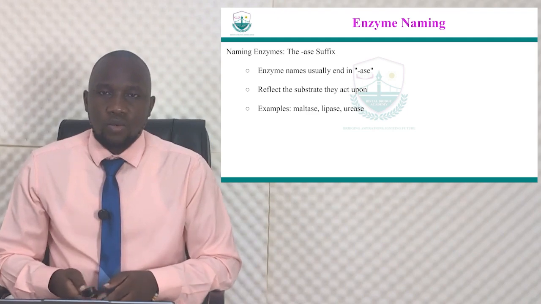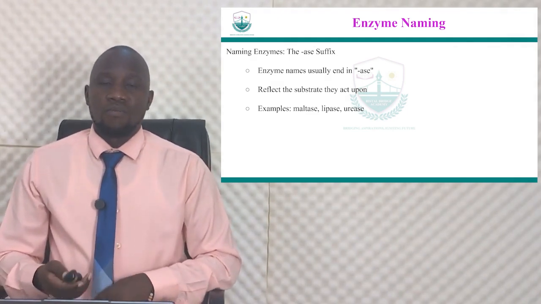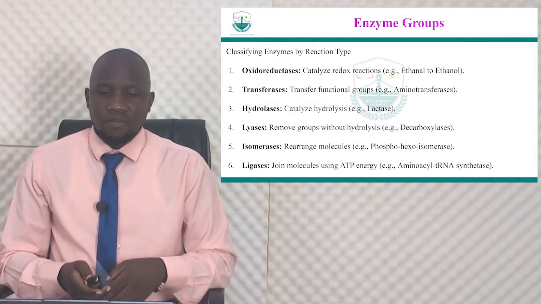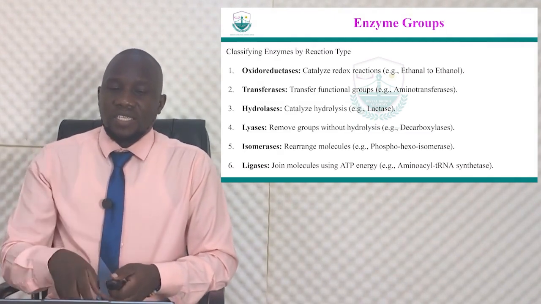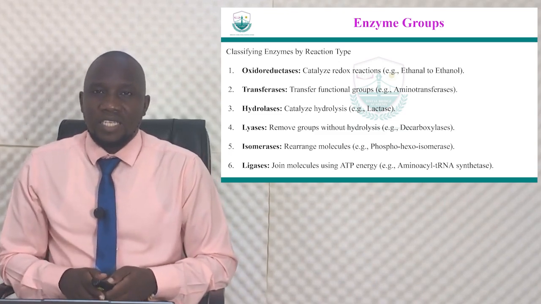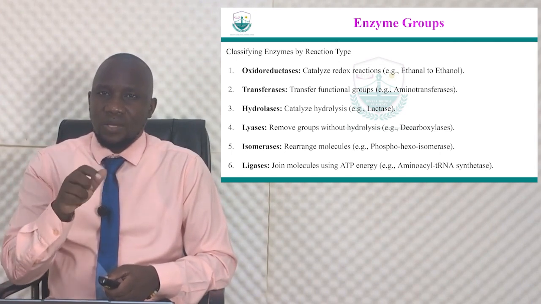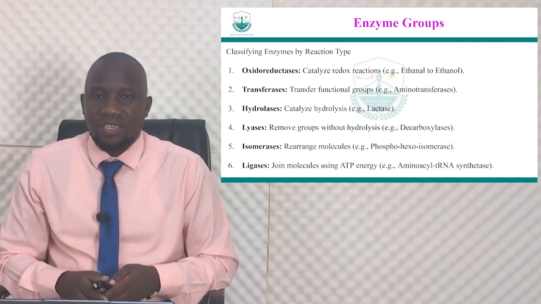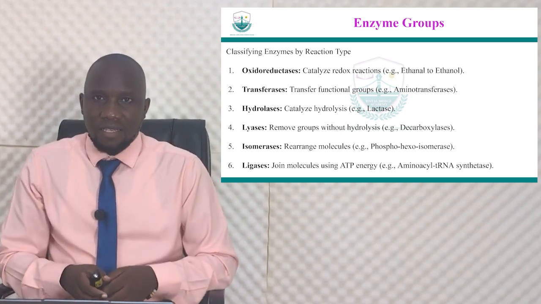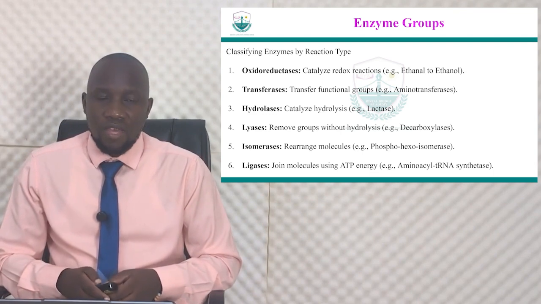Okay, so that's what we can know from the names of these enzymes. So we can categorize these enzymes based on what they actually do. So when you look at an enzyme, its name will always suggest what it does. Like the example I've just given, ATP synthetase. So you just know that this enzyme is very important for synthesis of ATP.